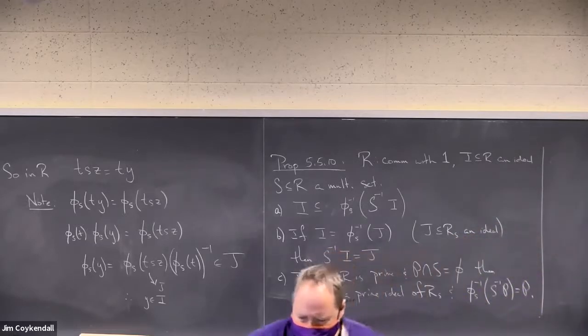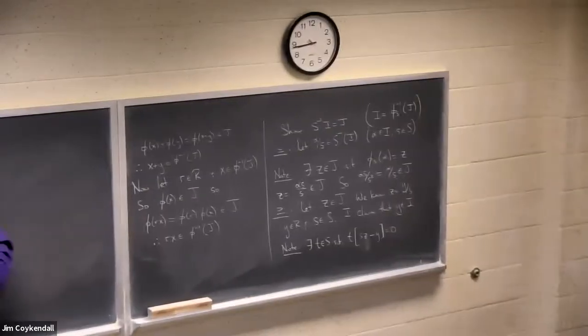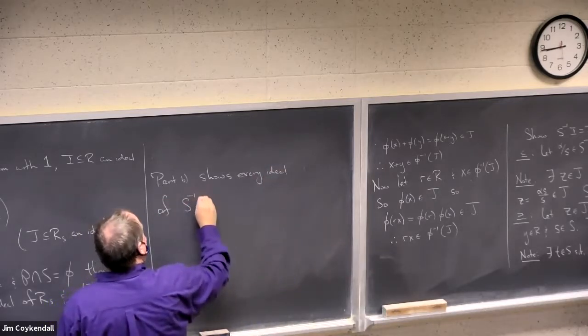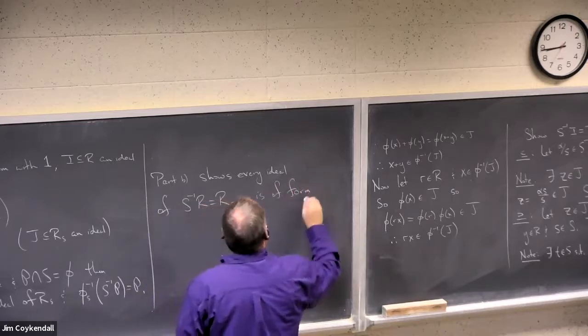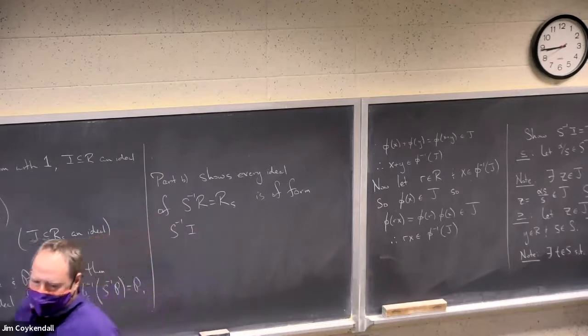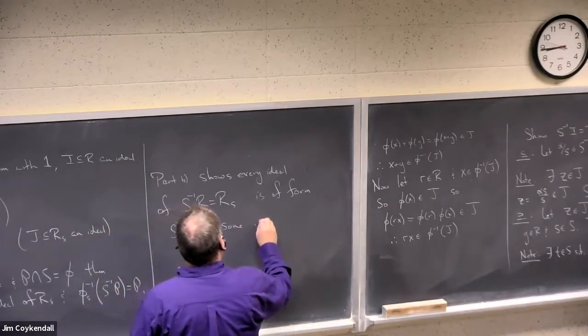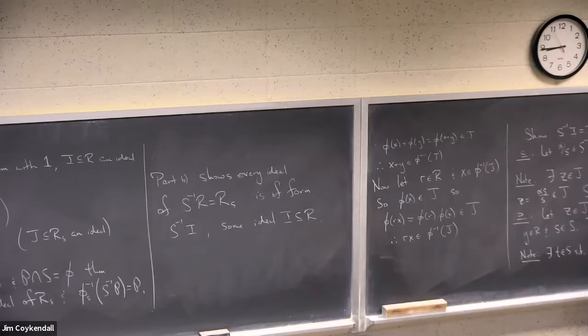Note that every ideal of S inverse R, which is how I usually write it, is of the form S inverse I for some ideal I in R. And this is why, because all you have to do is take your favorite ideal in J, look at its pre-image, which we proved in part B. Pre-image is always an ideal.